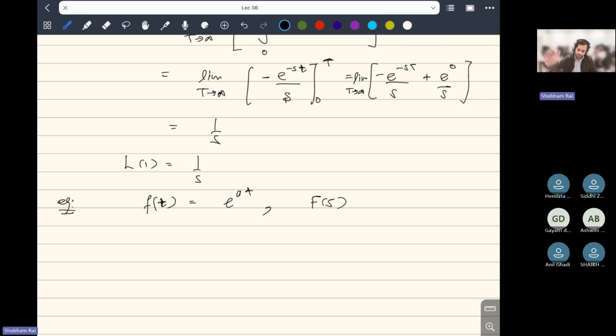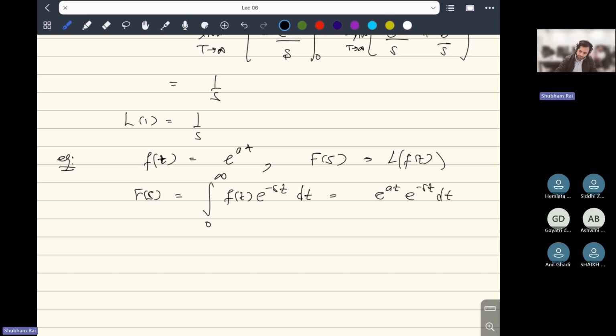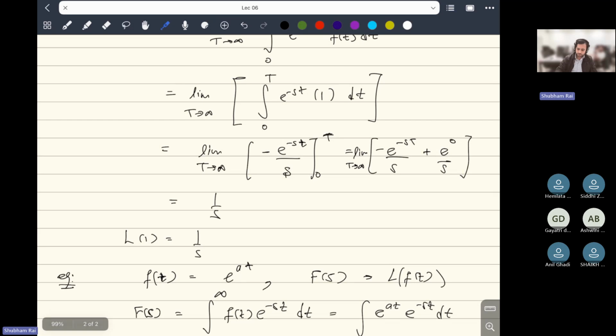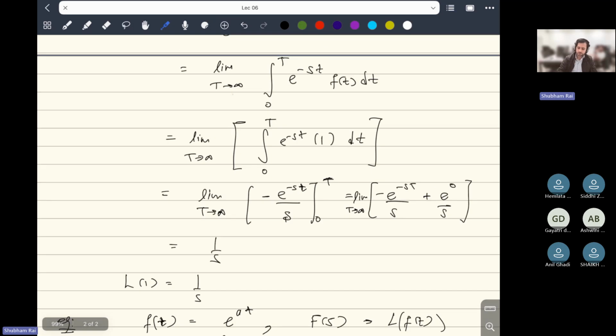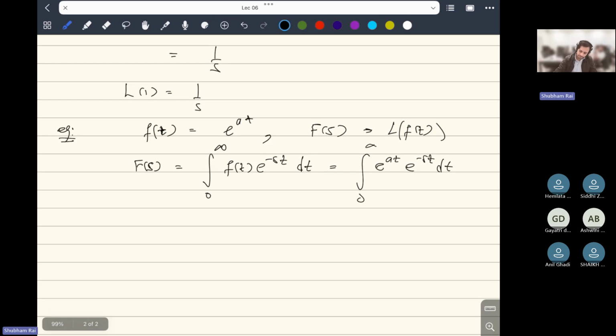Yes, please do it. e raised power minus st dt, and again I'm not using this process of limit T approaches infinity, 0 to T. I'm just writing this as 0 to infinity, and it means the same.